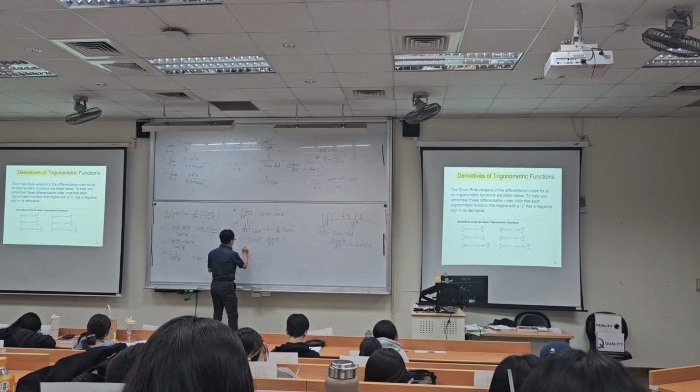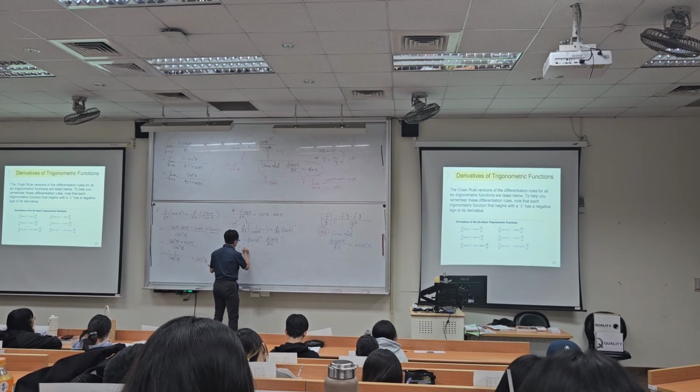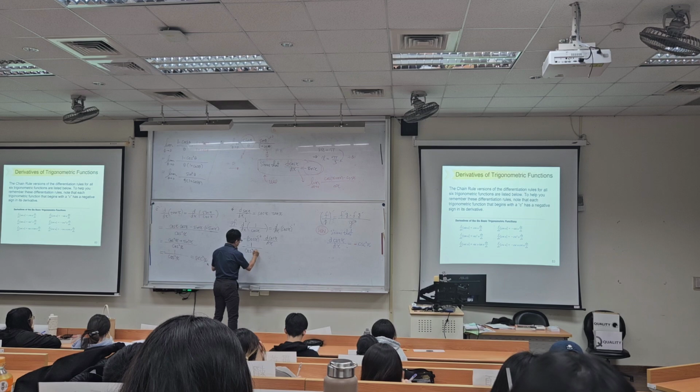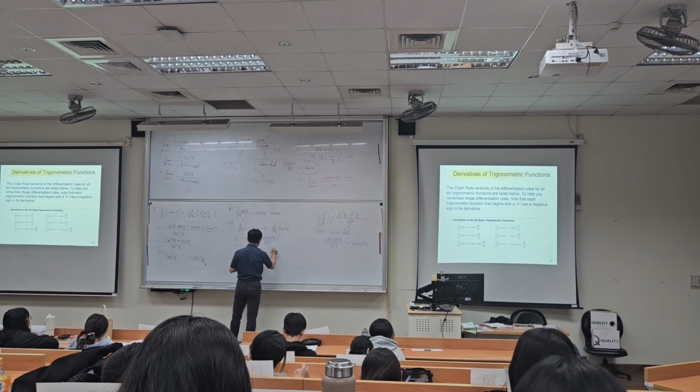So I will have minus 1 on top, cosine square x on the bottom, and here I will have a minus sine x.